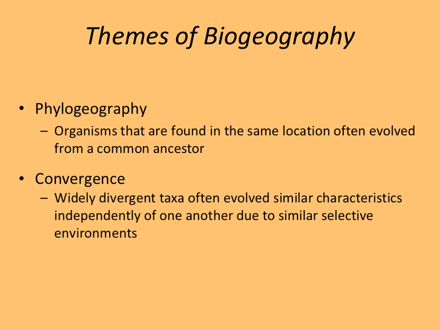Or you can end up with something called convergent evolution. Convergence has nothing to do with the same ancestor. It has to do with widely divergent taxa that evolve similar characteristics independently of one another due to similar selective environments.